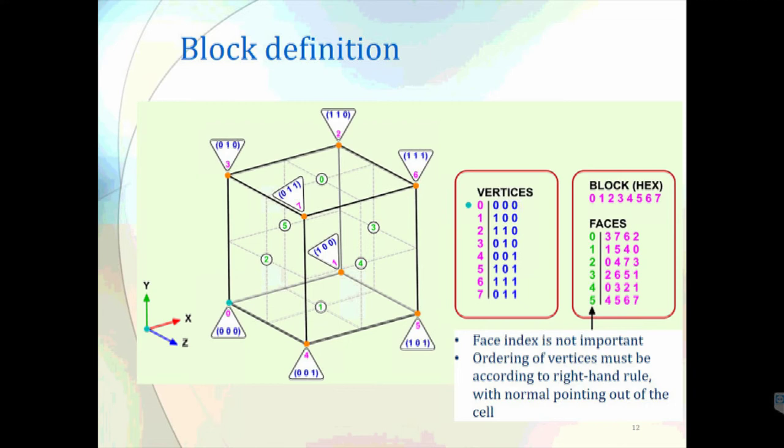But I have also included other examples in my presentation where the numbering is not in the same order. The numbering can be in any order, but the important thing to realize is that you start off with the rear plane in the XY direction and then move to the front plane. And when moving from the rear plane to the front plane, where do you start on the front plane? At the same point where you started on the rear plane.